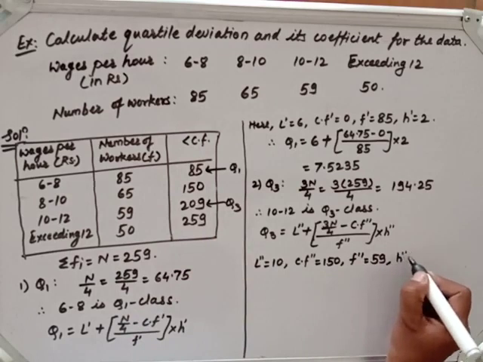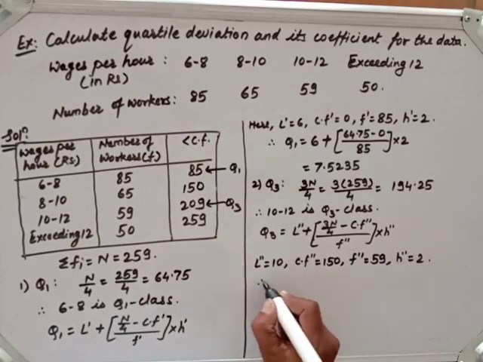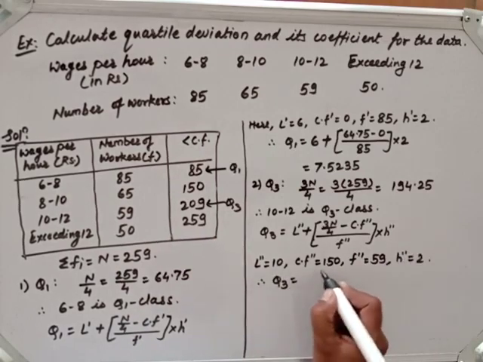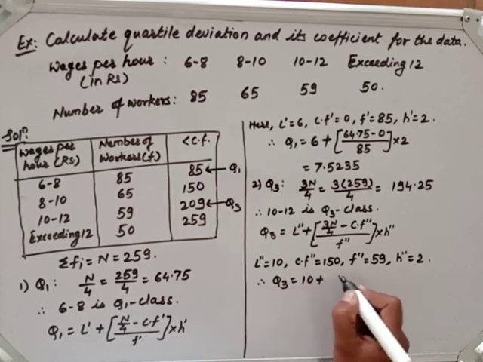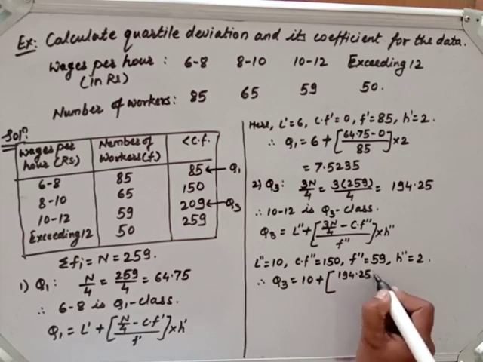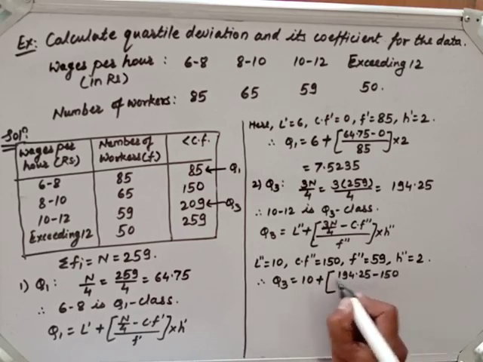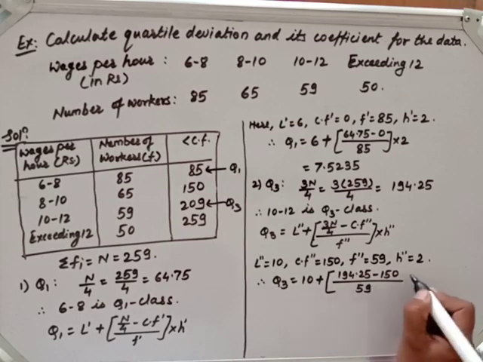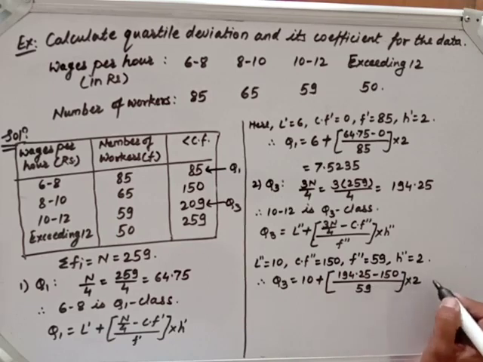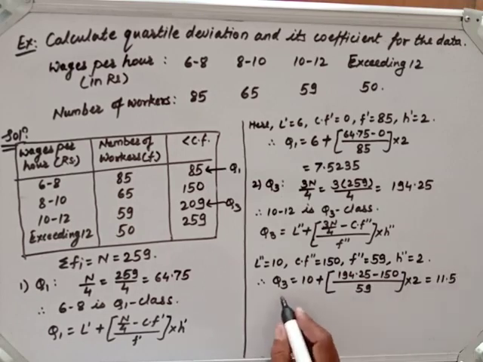And H'' is again 2. Therefore Q3 is 10 plus 194.25 minus 150 upon 59 multiplied by 2. Simplification of this gives 11.5.